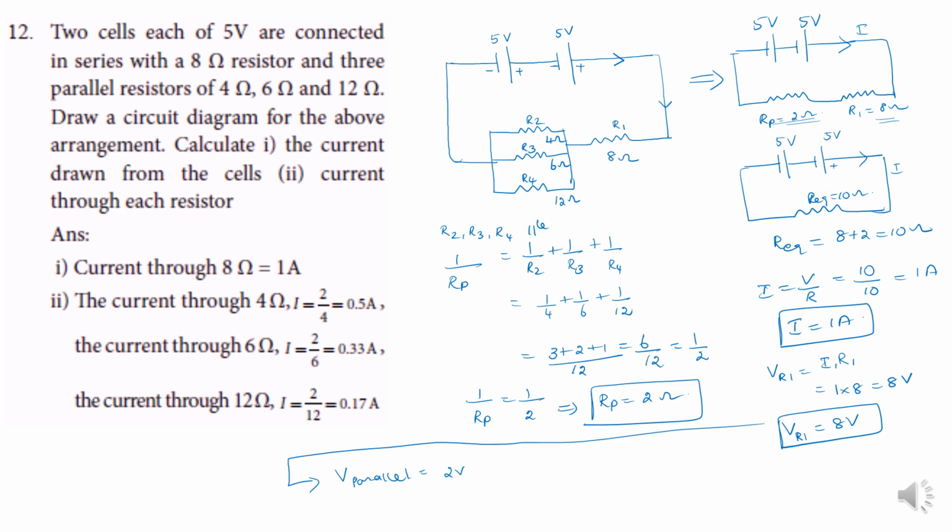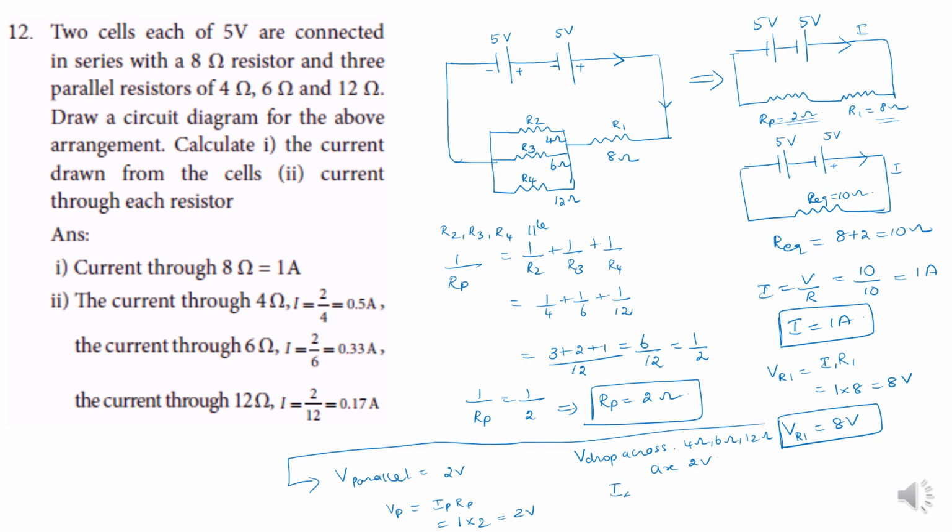Okay, how do you get this? V parallel combination is equal to I parallel and R parallel. I parallel is 1, R parallel is 2, so this is 2 volt. So voltage drop across 4 ohm, 6 ohm and 12 ohms is 2 volt.